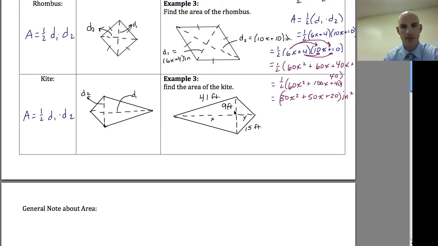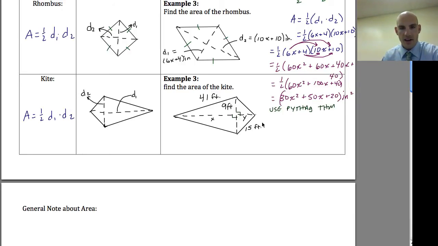Same thing goes down here. What I've got is some missing measurements here. They gave us x and they gave us y. So we're going to use Pythagorean theorem again. Same formula. And we remember that these are right triangles because those are the properties of a kite.